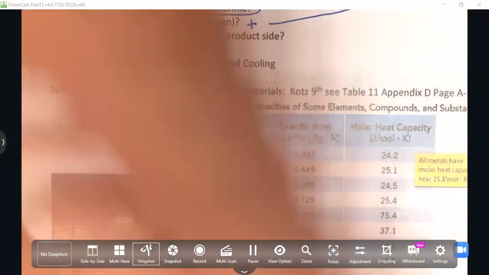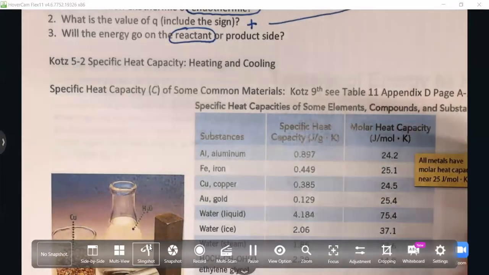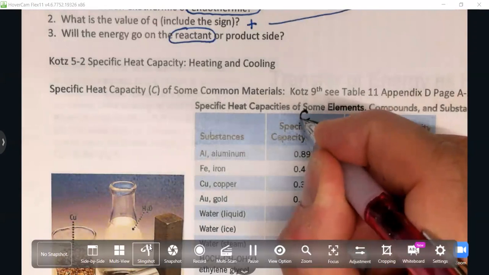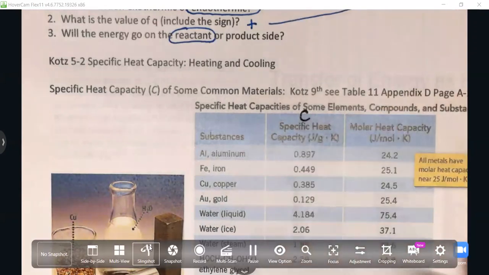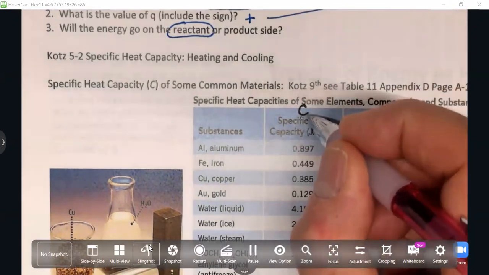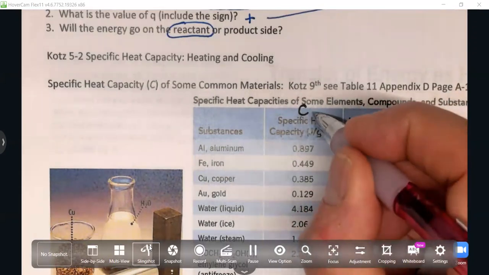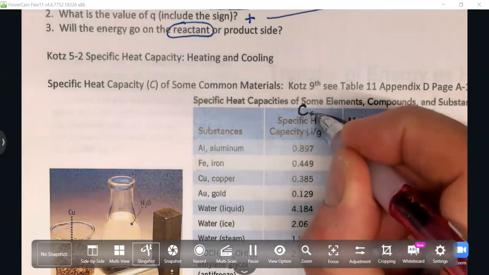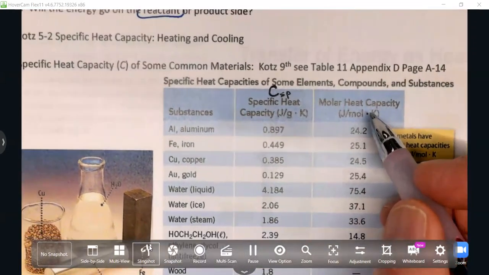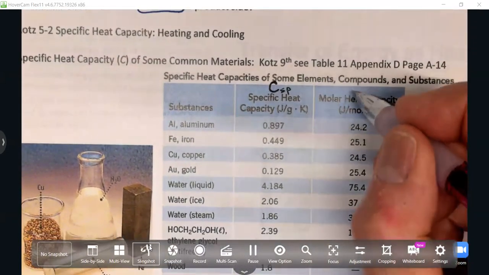And I use big C for this. Now, specific heat, and then I guess your textbook calls this big C with an SP here. And then there's a molar heat capacity if you have an entire mole of the substance.